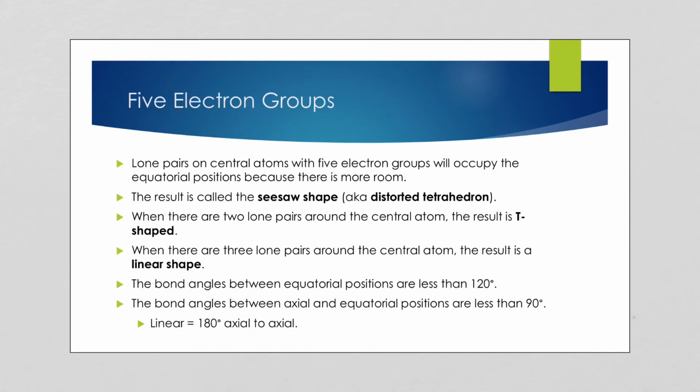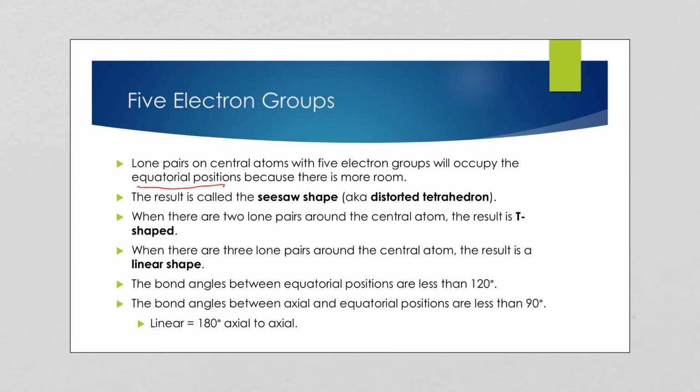So we can have the traditional trigonal bipyramidal when they're all bonds, but what if we start putting lone pairs in? Well, the lone pairs on the central atom with 5 electron groups, and this becomes key, and we'll look at a picture here in a minute, will only occupy the equatorial positions.